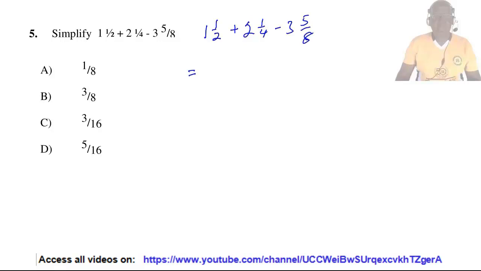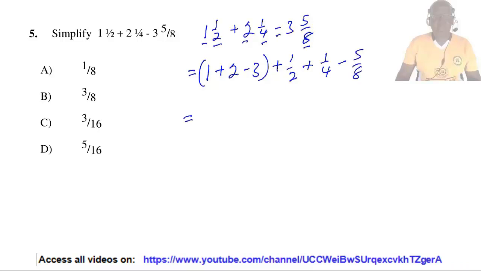This is the same as 1 plus 2 minus 3, plus half, plus quarter, minus 5/8. 1 plus 2 minus 3 equals 0, plus half plus 1/4 minus 5/8.